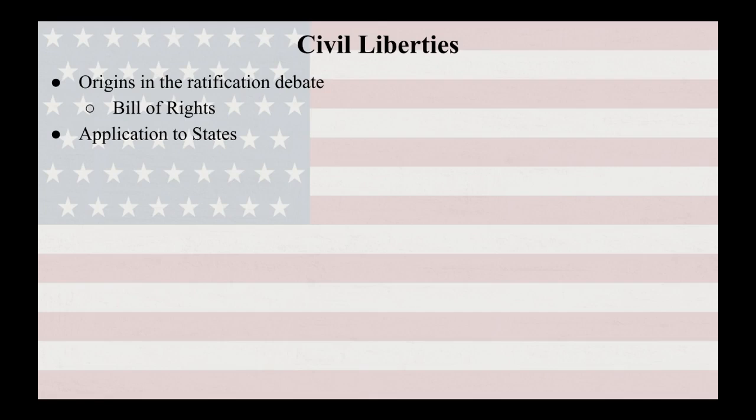And so the Supreme Court is going to take baby steps in incorporating these Bill of Rights to the states. And they're going to do one piece at a time. And it's going to take a very strenuous and arduous and long process to try to apply these rights, these liberties within the Bill of Rights to everyone in the nation.